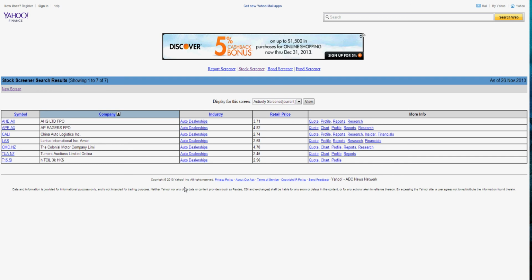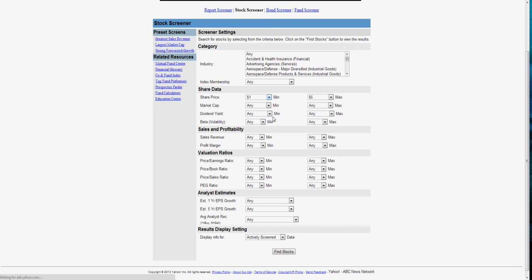If you know the fundamentals, like price earning ratio, price book ratio, price sales. Now for me, I don't use all the fundamentals. Before, when I used this screener, I used the price, I used the industry, I can see the sales.